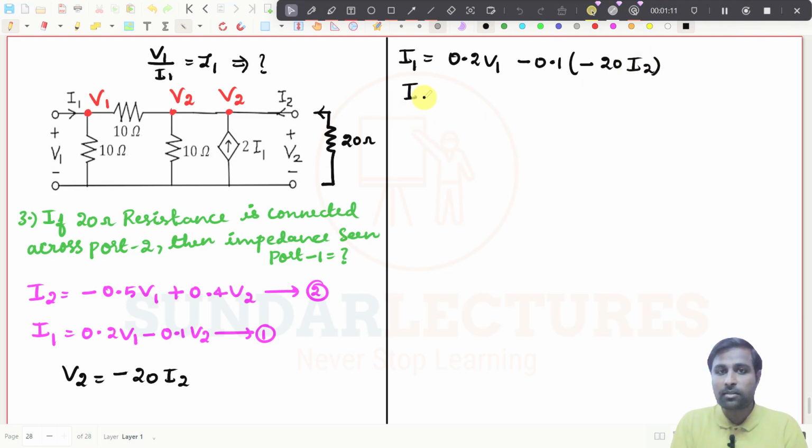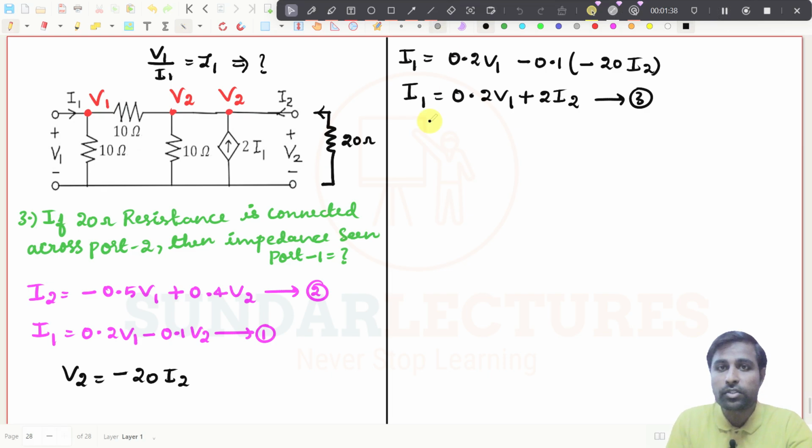And if you further simplify this, I1 will be equal to 0.2 V1, it will now be plus 2 into I2. Plus 2 into I2. And this is what I am getting from equation number 1 here. So make this equation number 3, maybe I can write like this, right?